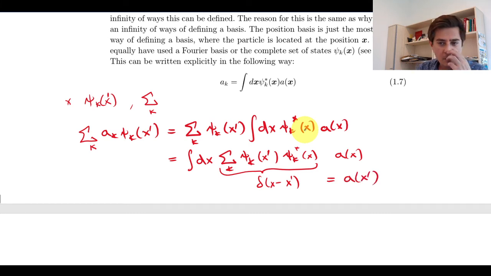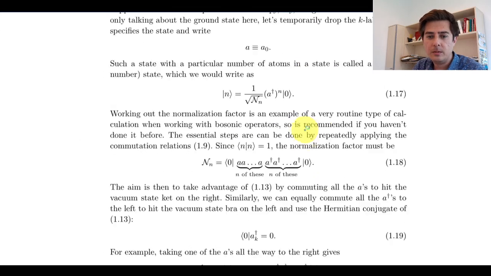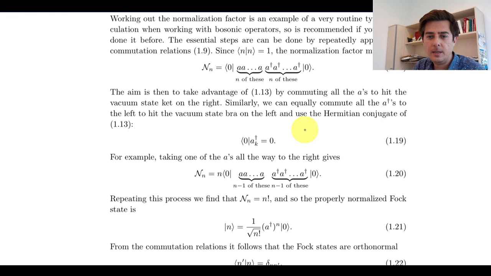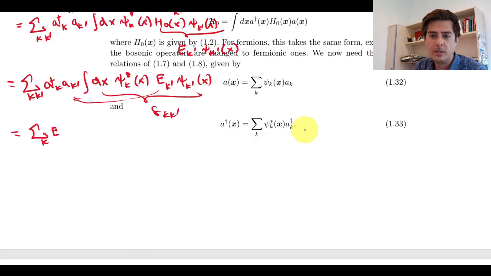And so we can invert this relation where we've written a x prime in terms of the a k operators, and that basically gives us the relation that we started off with, the one given in equation 1.32.